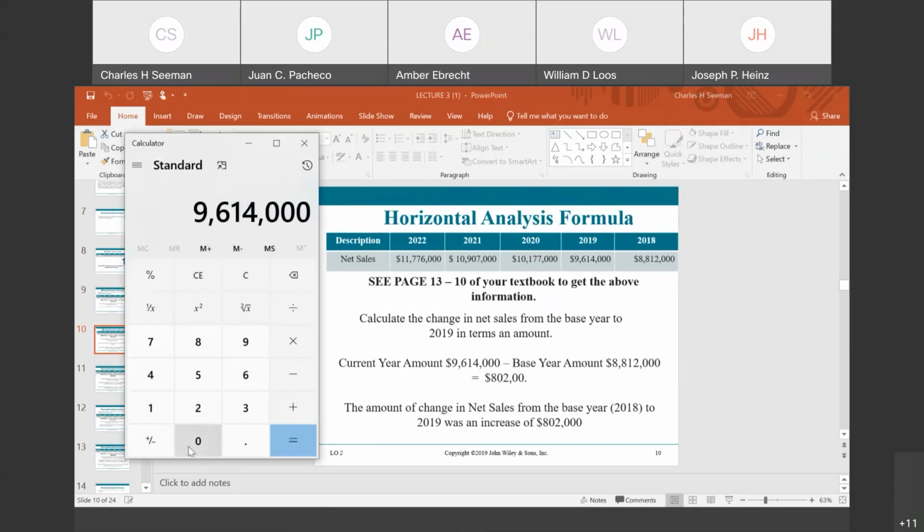Does everybody see that? 9614 minus 8812 equals a difference of 802, divided by the base year of 8812. And it's a 9% change.